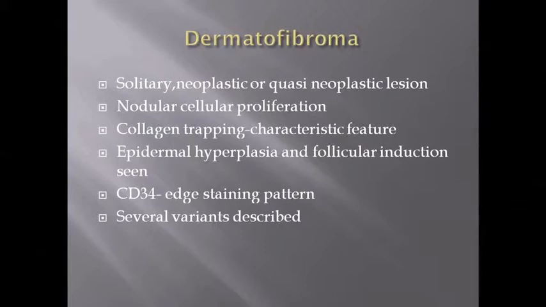Again, this becomes useful when the lesions are small, and you're trying to decide whether this could be labeled as DFSP or is just a DF, then this CD34 staining pattern becomes useful. And there are so many different variants which have been described, such as granular cell, more xanthomatous. Lots and lots of different variants of dermatofibromas have been described.